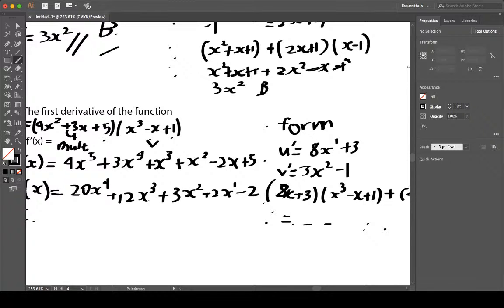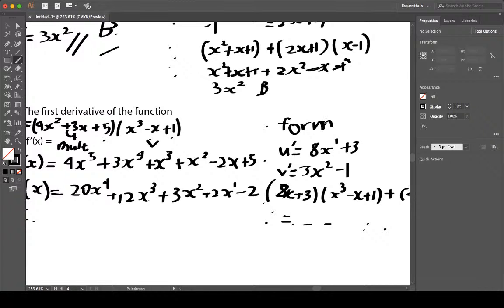But I still do. Why? Because this formula could be used for functions such as sine x multiplied by cos x, and you try to find the derivative. That would help you.